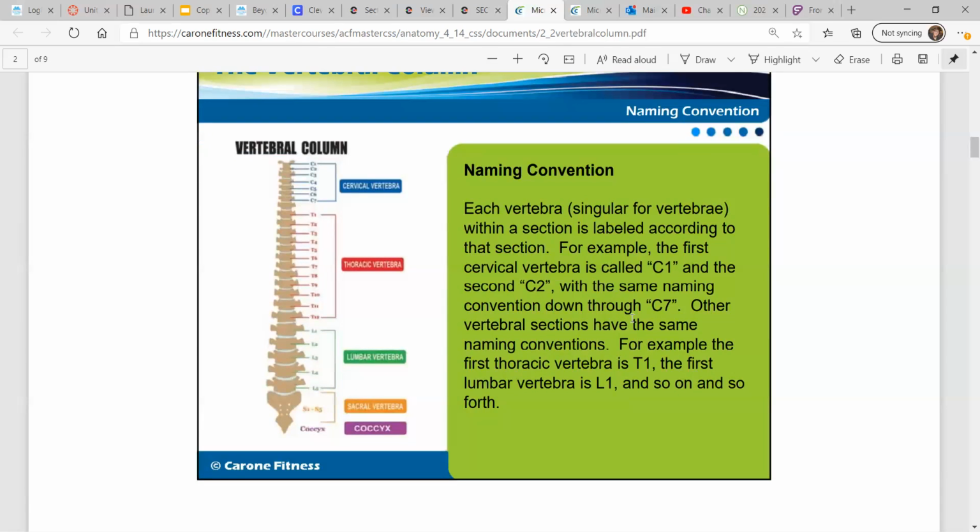Other vertebral sections have the same naming convention. So the thoracic vertebra would have, for example, T1. The first lumbar vertebra is L1. And that's how we refer to which section and vertebra we're talking about.